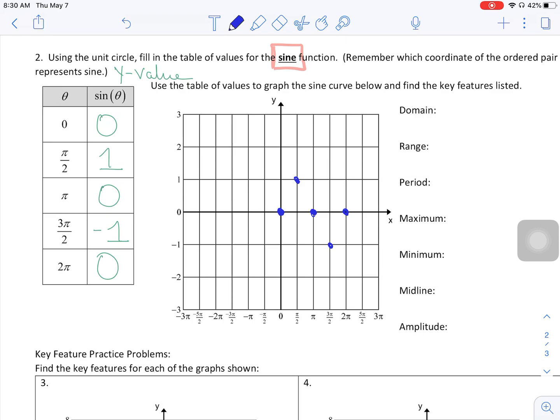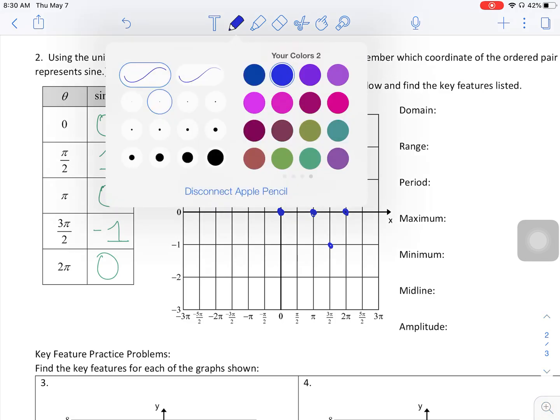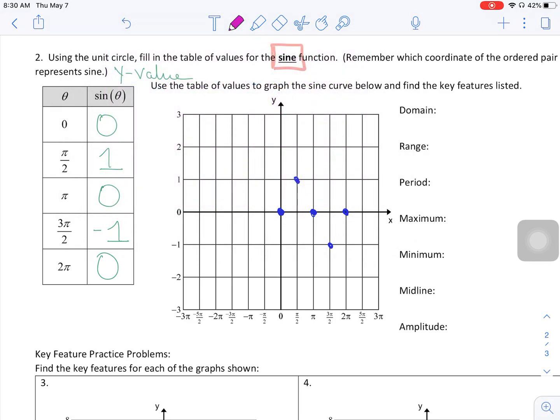Okay? So this is only 5 values, but this curve does not end. It didn't just start at the origin and stop at 2 pi. It's going to keep going. And this is where I'm going to use that idea of it being a periodic function. It's a repeated function. Help me figure out what the next points are.